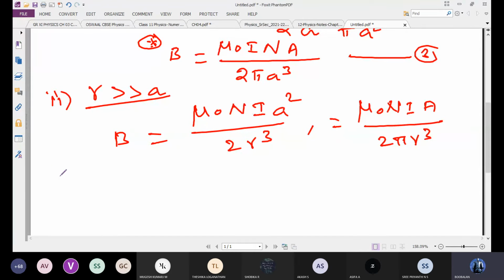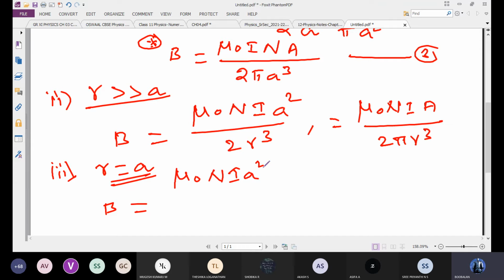Please note the formula. Third condition, already completed students, no problem. Listen. R value and A value are both equal. The final equation B equal to mu naught n I a square divided by 2 into a square plus r square.